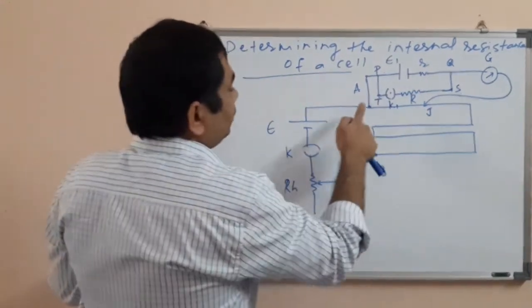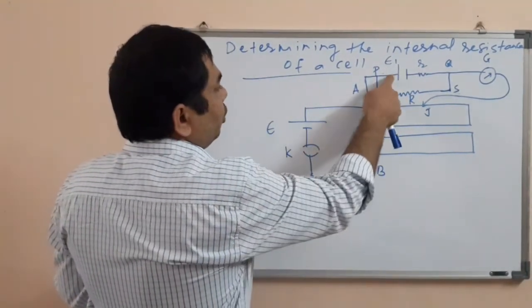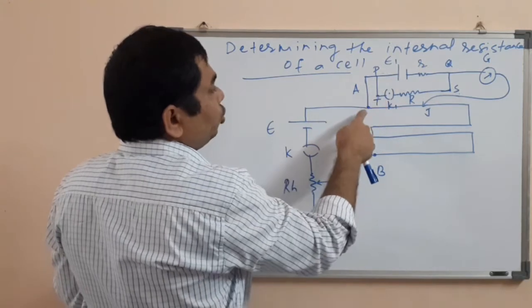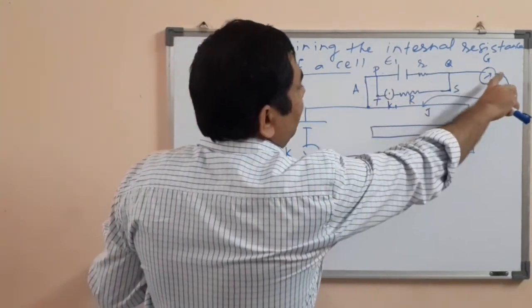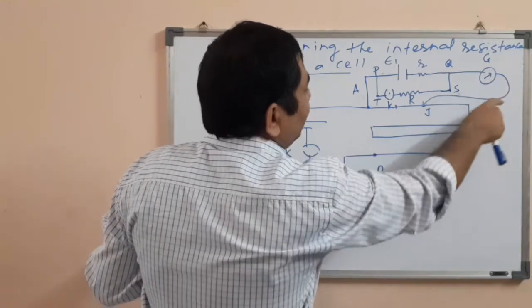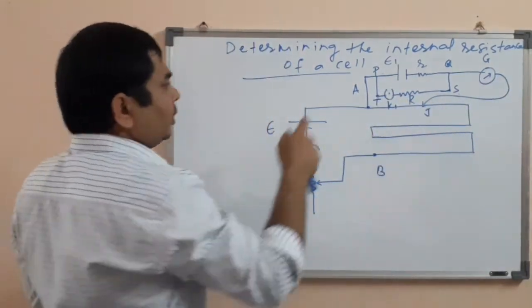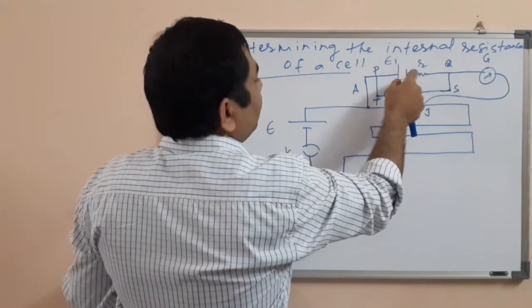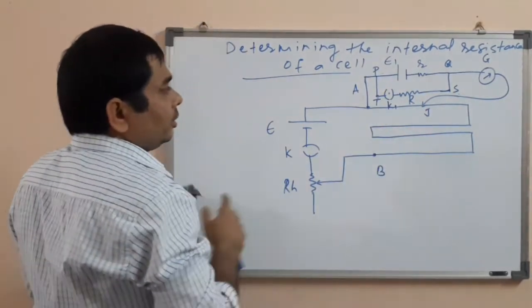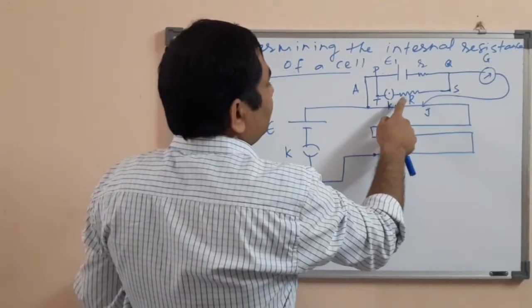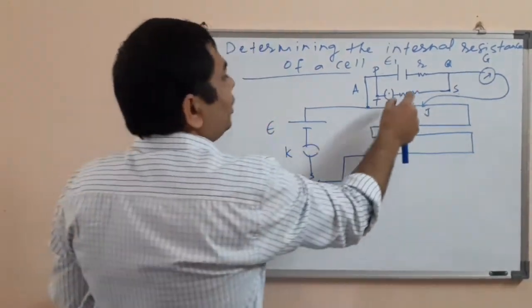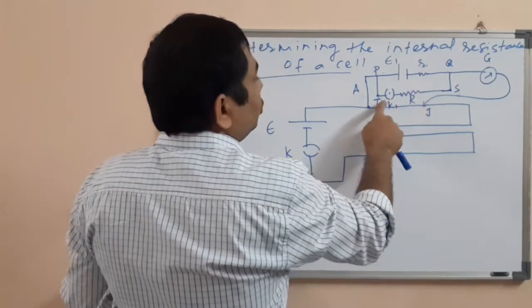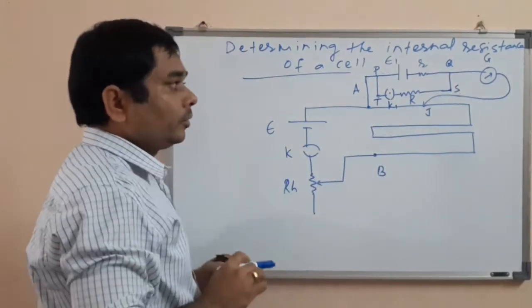So we will connect the positive terminal of this battery E1 to the point A, and then the negative terminal is connected to the galvanometer and then to a jockey. Now across this battery E1, we are connecting another resistance, a resistance box R, through a key K1.